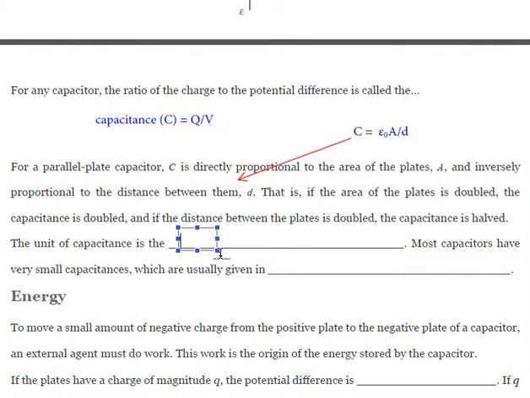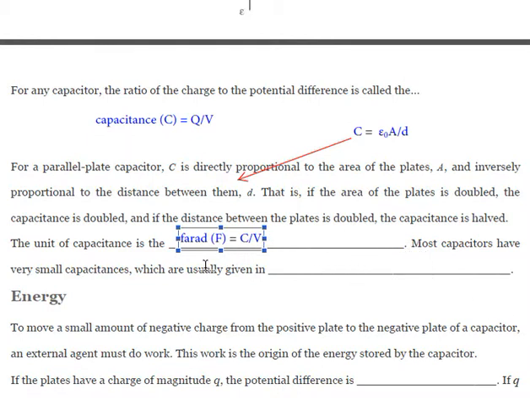The unit for capacitance is the farad. You'll probably just see it abbreviated with a capital F. Since it is charge over potential difference, then 1 farad would be the same thing as 1 coulomb per volt.